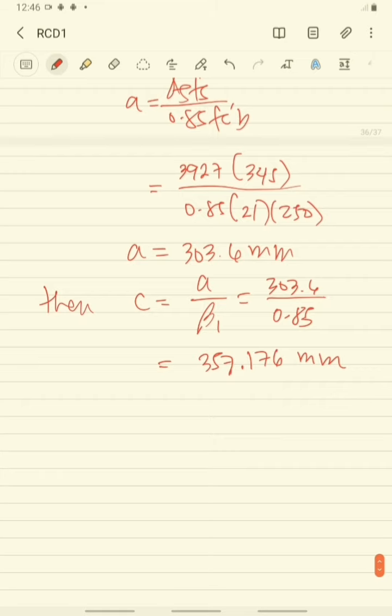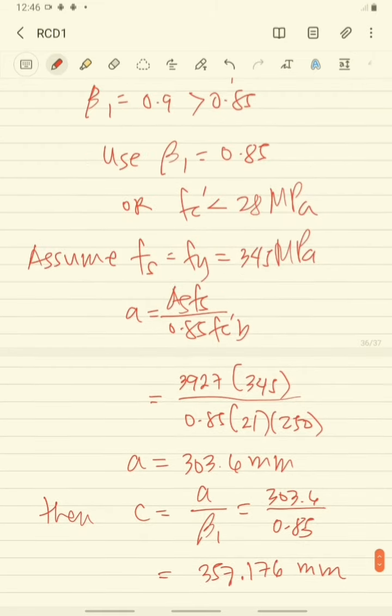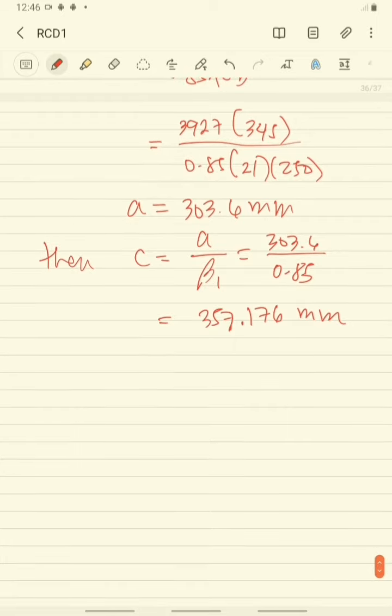Next, we check if our assumption is correct by checking the strain of the steel bars. We compare the actual strain of the steel bars to the yield strain of steel bars.